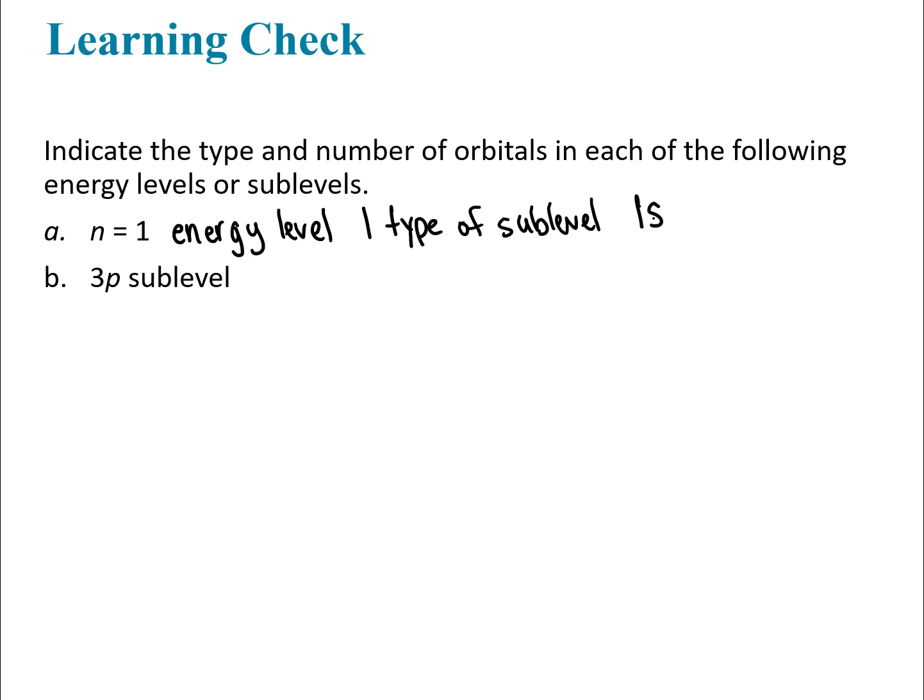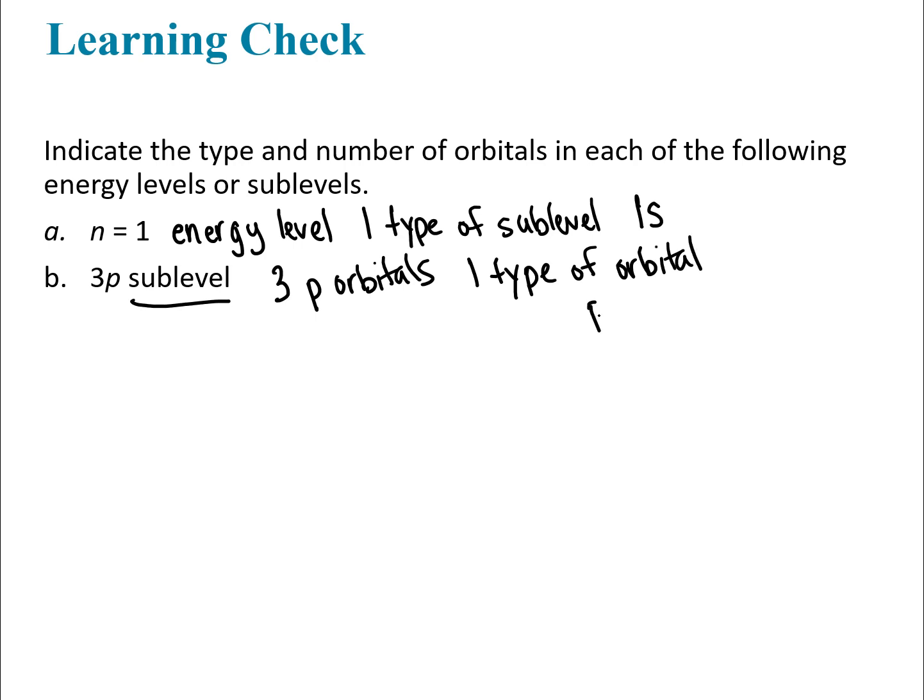The 3p sublevel, that's not a main energy level, it's a sublevel, right? So it's going to have 3 p orbitals, but there's only one type of orbital.